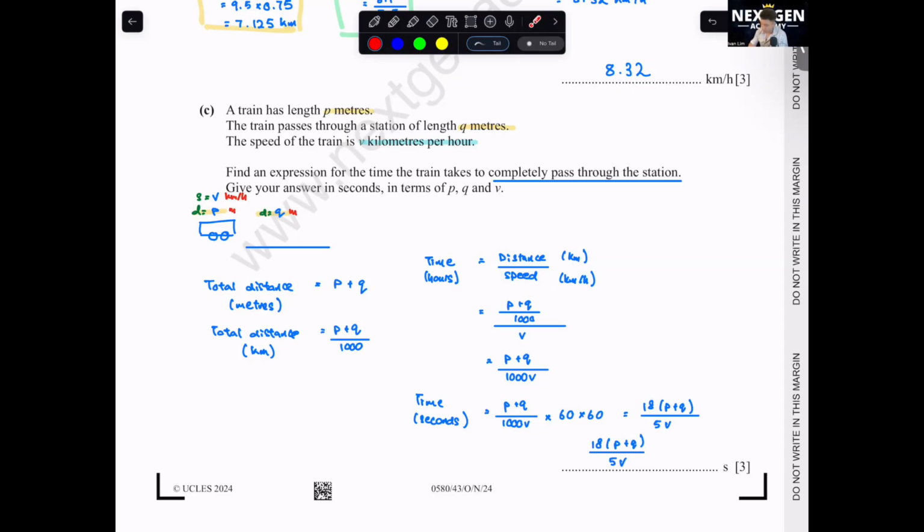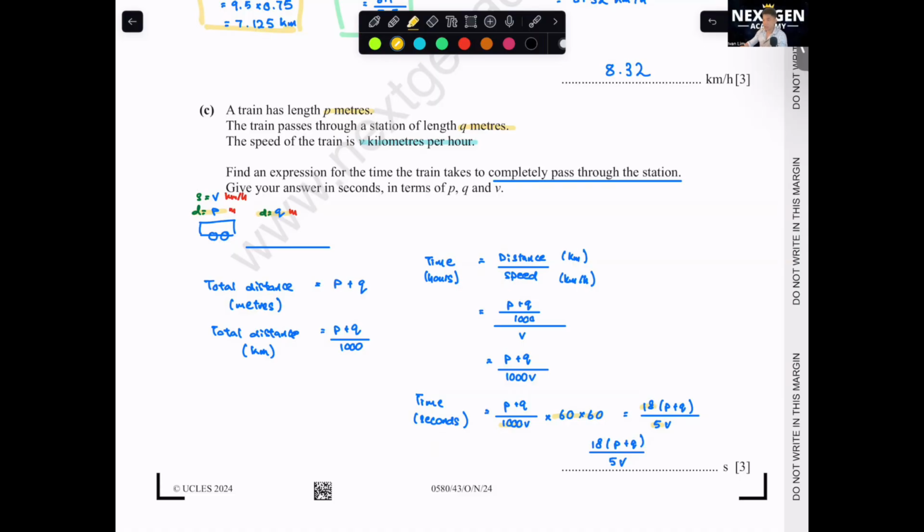How did I get 18? Type in the calculator: 60 times 60 divided by 1000. You get 18 over 5. You can just write this up, P plus Q, V. This part here is from 18 over 5.